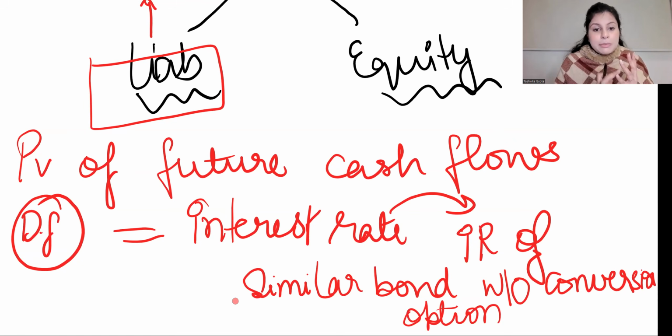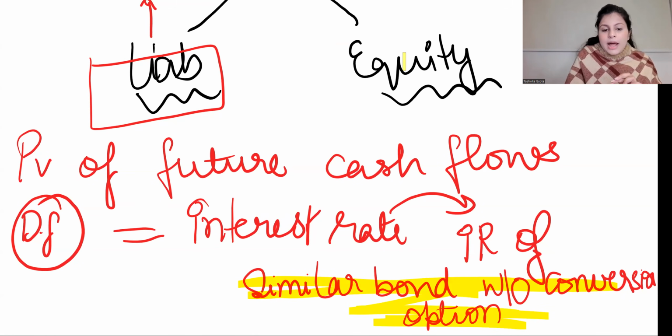Coupon rate of similar bonds without conversion option. The loan notes which are of similar nature, but do not have a convertibility option within themselves. So I take the interest rate of those loan notes. Do you guys understand this? Do we remember this from our studies?